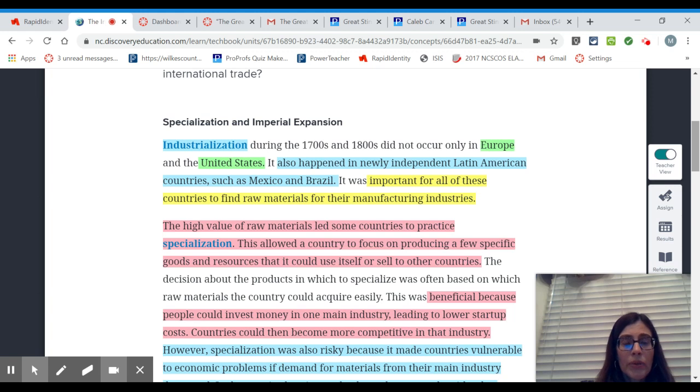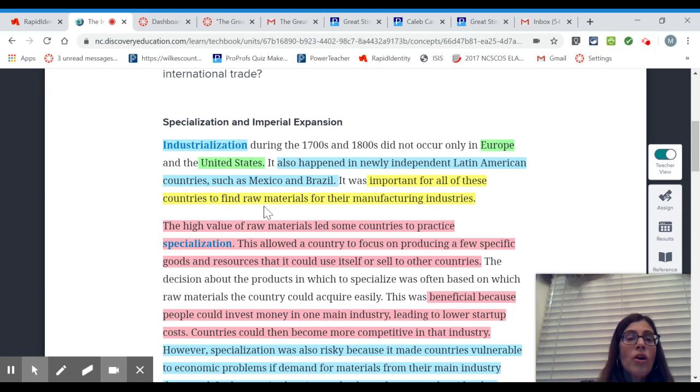And you have to understand imperialism before you can understand what led to World War I. So we've talked a lot about industrialization in two places, Europe and the United States, but you have to understand that it was also going on in those newly independent Latin American countries, and how these Latin American nations who had been colonized by France and Portugal and Spain became independent.